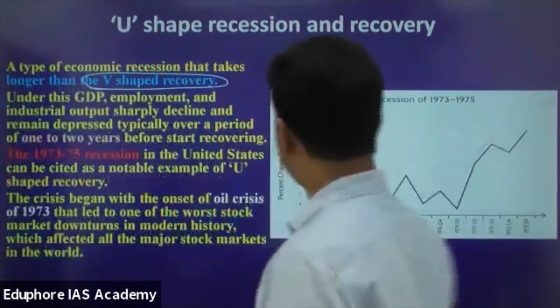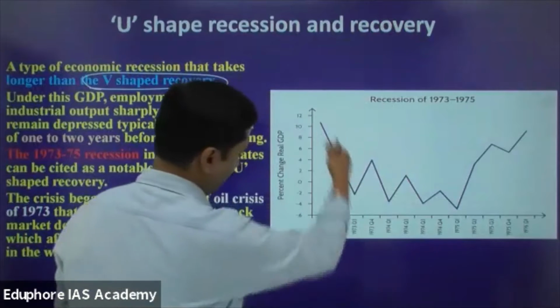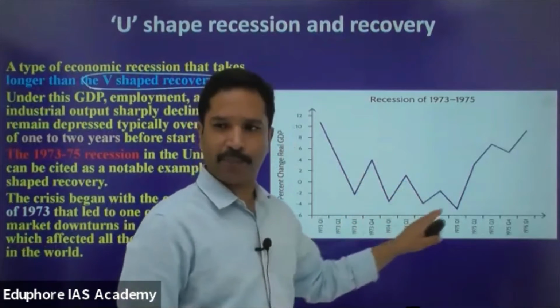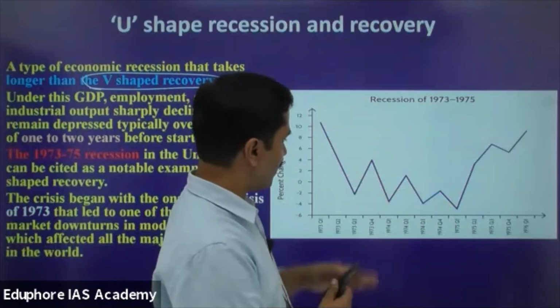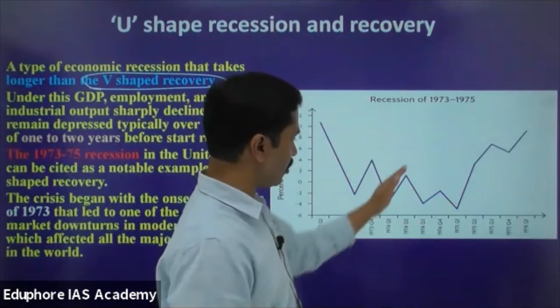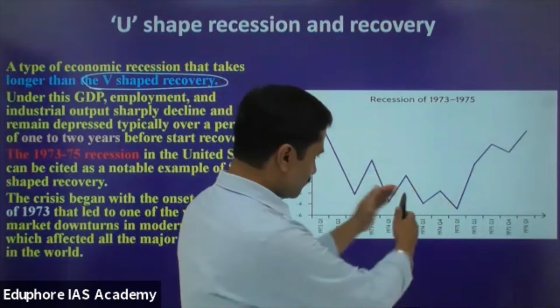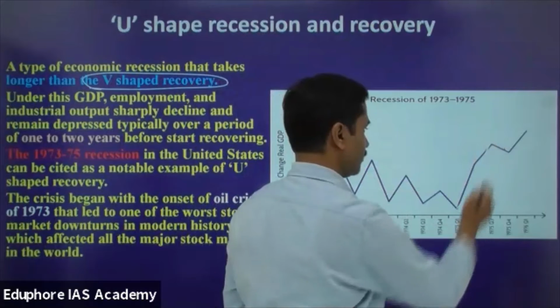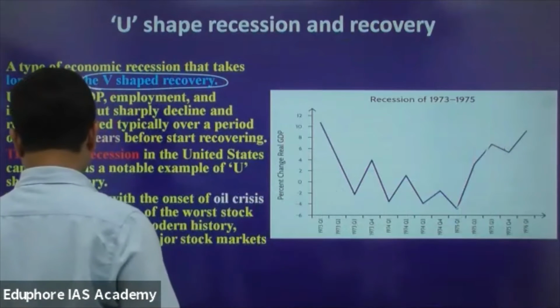But in U-shaped recovery, economy goes down and there are marginal fluctuations at the bottom. Economy is going up, coming down, going up, coming down, and it remains there until a time comes when it goes up for a sustained period of time.